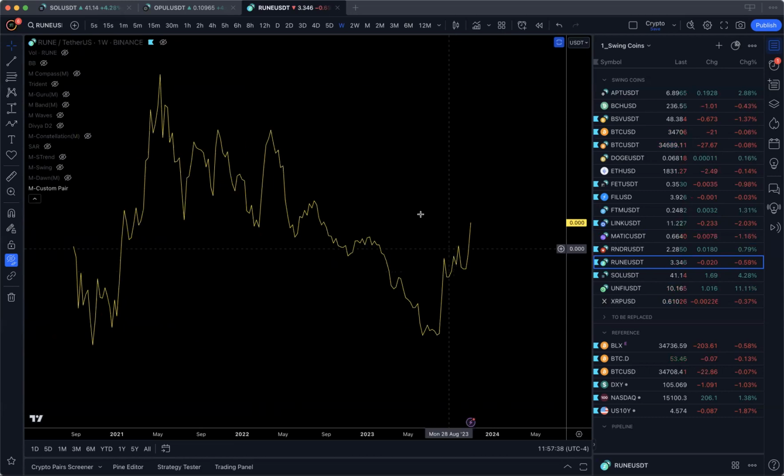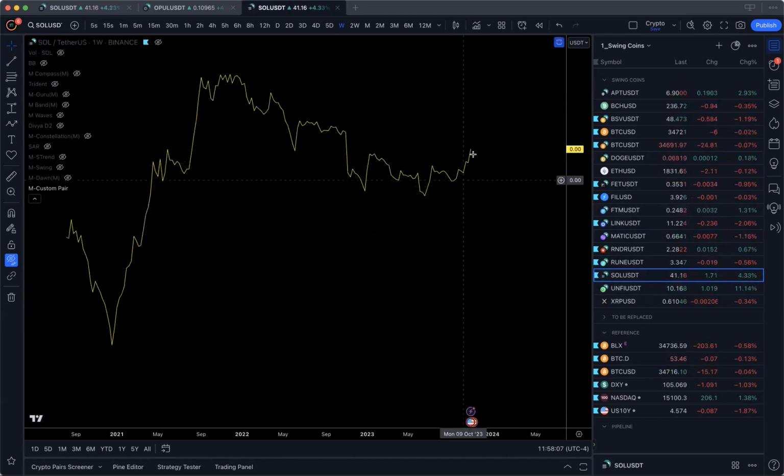From a big picture point of view, it has to do a little more, but it is almost there. If it continues to move up like this, then we might see something like this, comparing to this one, and this kind of a leg on the upside is expected. So yeah, Rune is definitely outperforming.